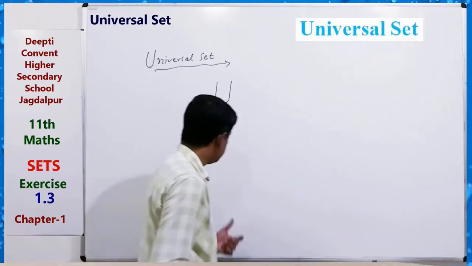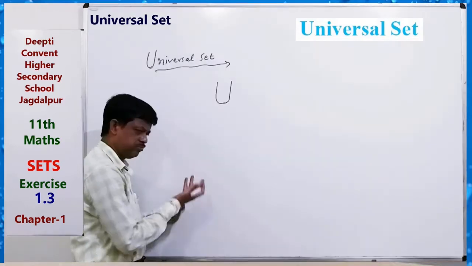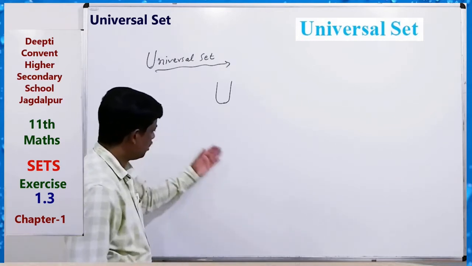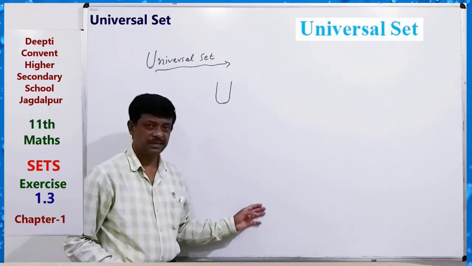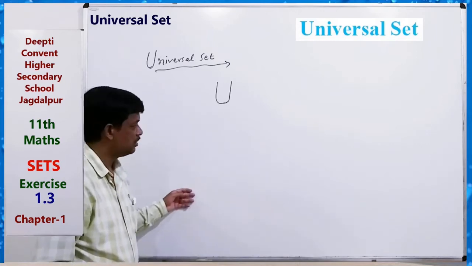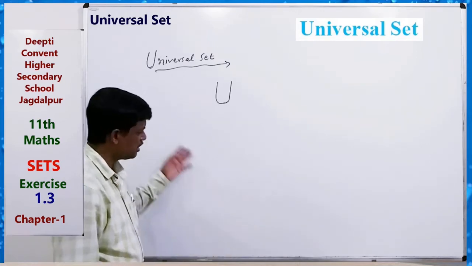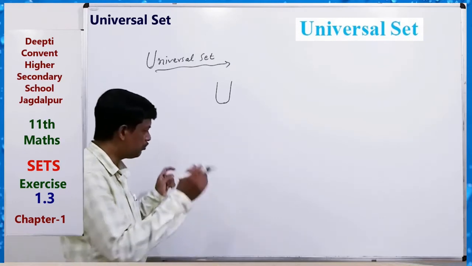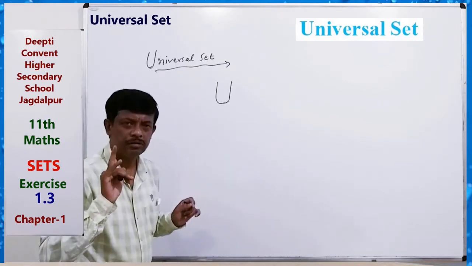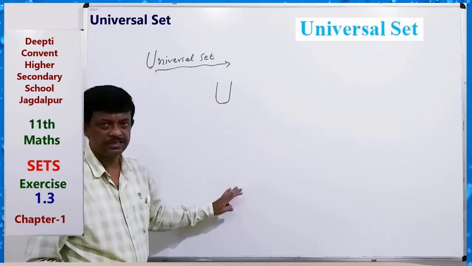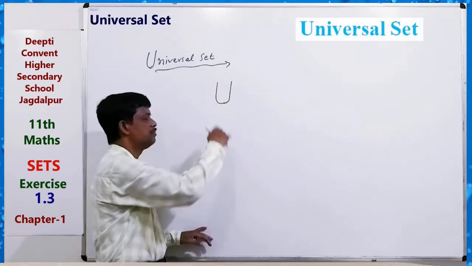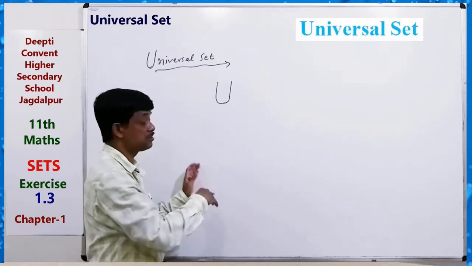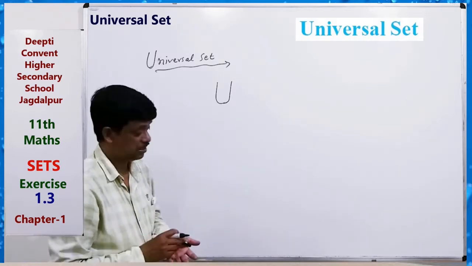And here we can see that if we are using natural numbers, integers, rationals, irrationals, then these sets and their subsets are all subsets of the real numbers. So if we are concerned with natural numbers and integers, then the universal set may be the set of rational numbers, or maybe also the set of real numbers.